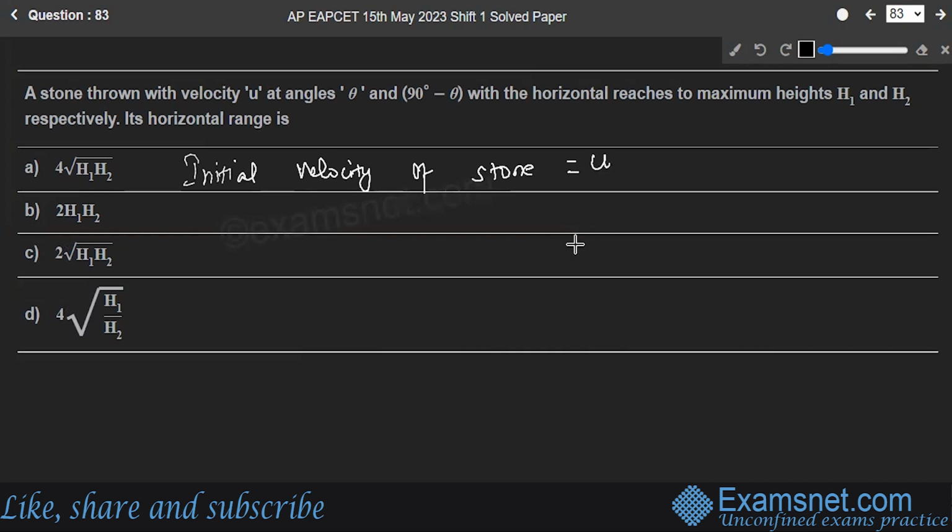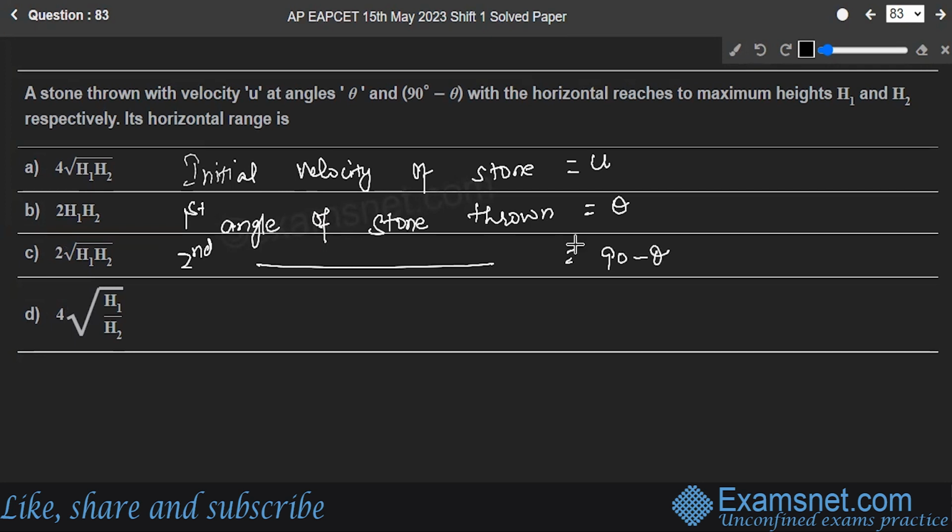Now the first angle with which the stone is thrown is equal to theta, and the second angle is 90 minus theta. The maximum height for theta is h1, and for 90 minus theta, the maximum height is h2.